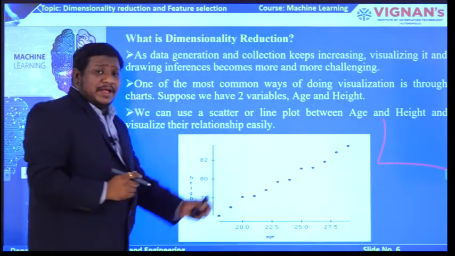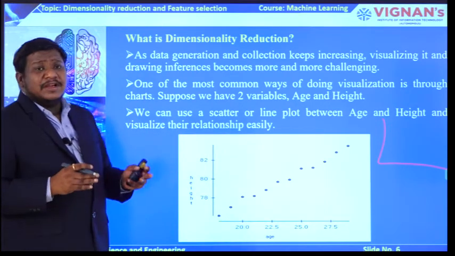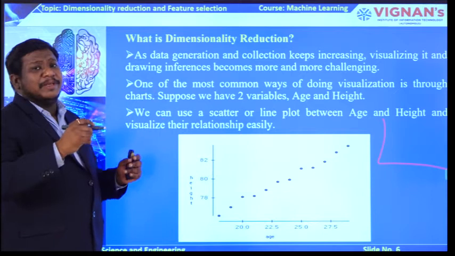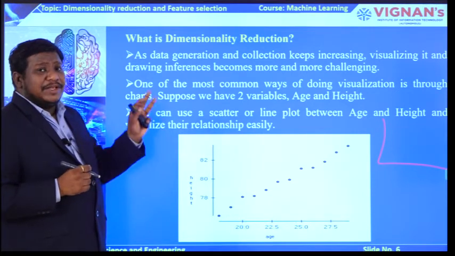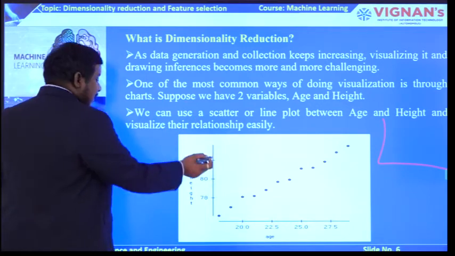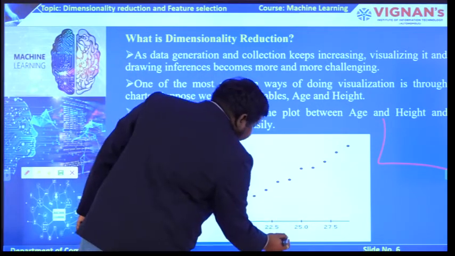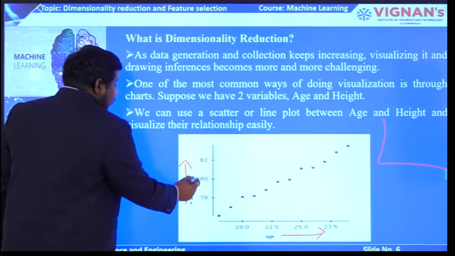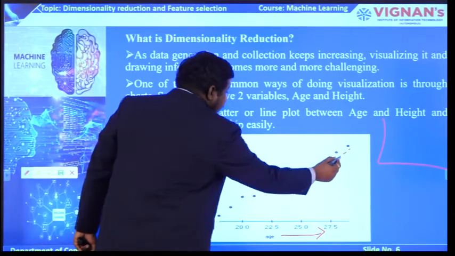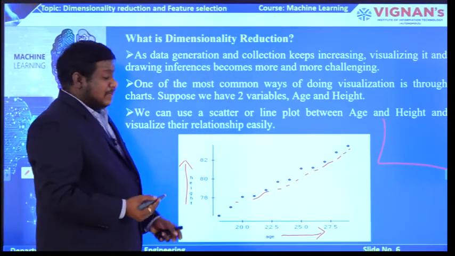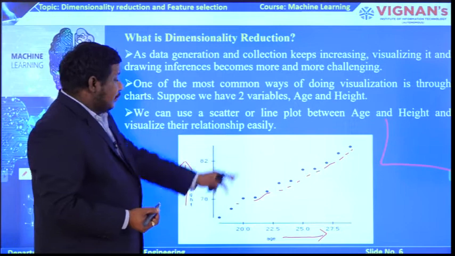On the x axis you can represent the age, on the y axis you can represent the height. You can simply represent the two variables with a simple scatter plot or a line graph. You can see this is an example. We are representing age on the x axis and height on the y axis. All these are the various points with different data points available in a data set, and you are representing them in the form of a line.